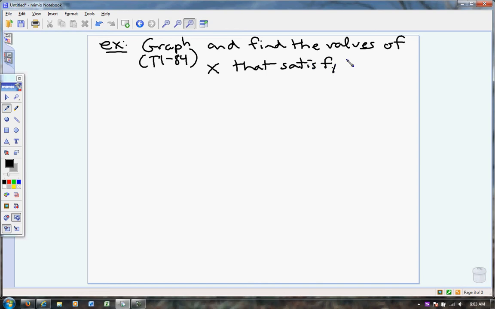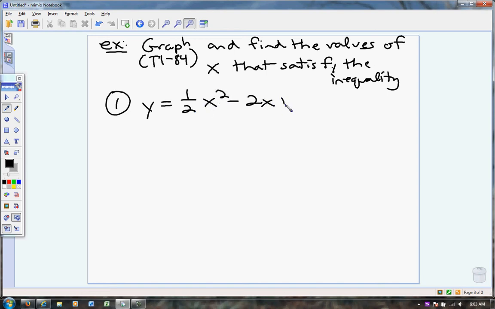So they're going to give you an inequality like this one. y equals 1/2 x squared minus 2x plus 1.